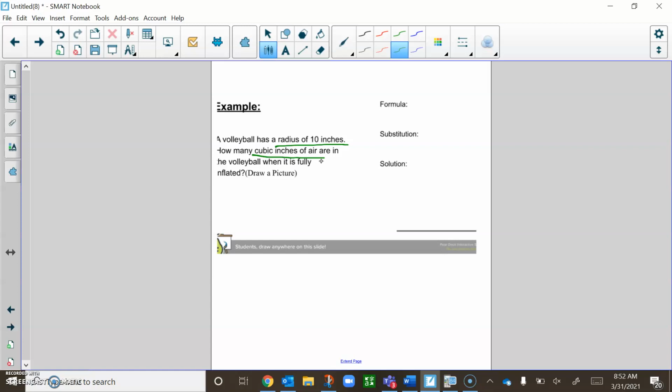Remember the formula for volume is 4/3 times pi times our radius cubed, or our radius to the third power. Here we are given our radius, which is 10. So now I can substitute my values in: volume equals 4/3 times pi times 10 to the third power.